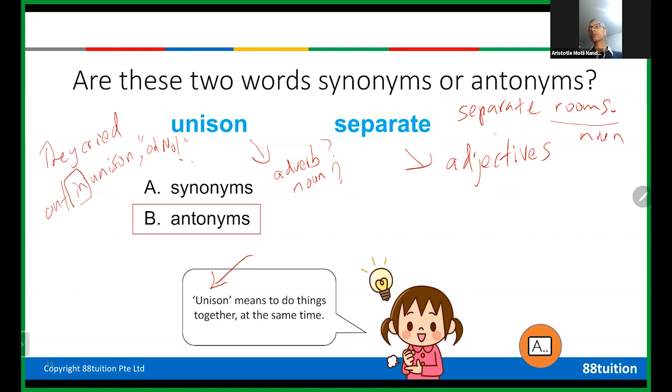This cannot be a noun. This must be describing the noun, which is an adjective. But in, like in the room, in Singapore, it's a place.